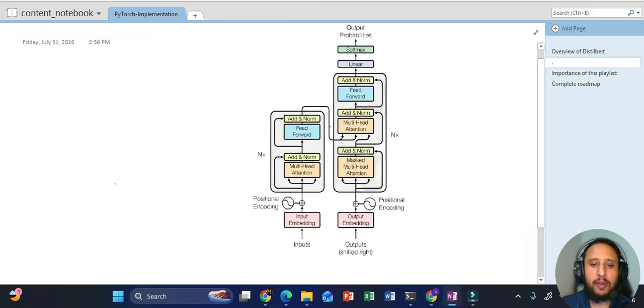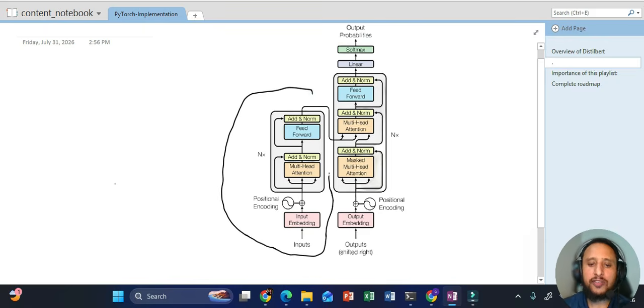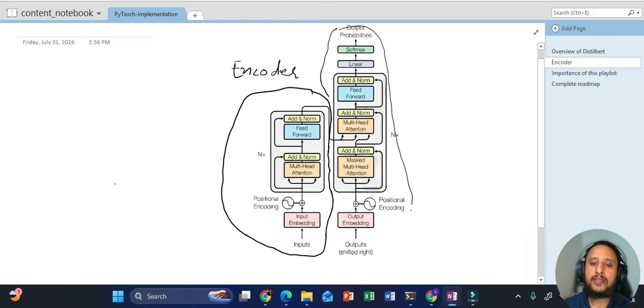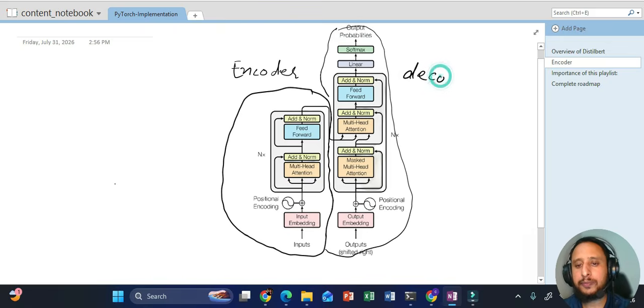You must be familiar with this architecture, that is the transformers architecture. We have basically two parts in this architecture. This one is the encoder block of the transformers architecture, and this second part, this whole part, is the decoder block of the transformers architecture.